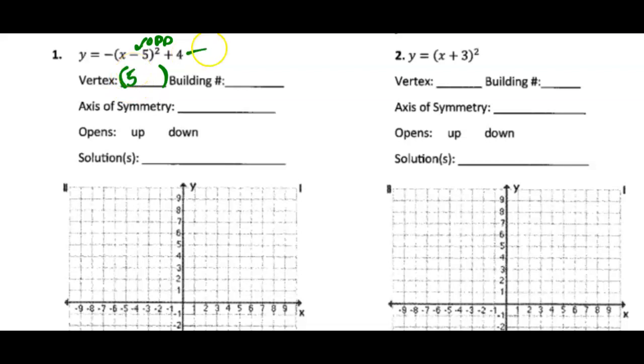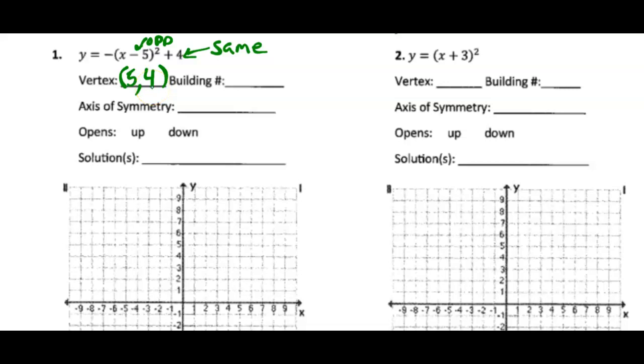And then my y value is always the same number as what's being added to my x squared term. So the x comes from what's in the parentheses and what's being added or subtracted to the x before it's squared. So inside the parentheses, I do the opposite of that. And then I do the same for my y value.